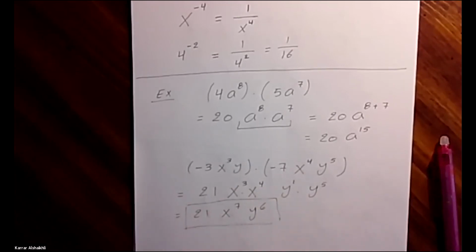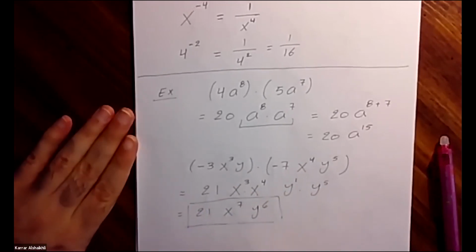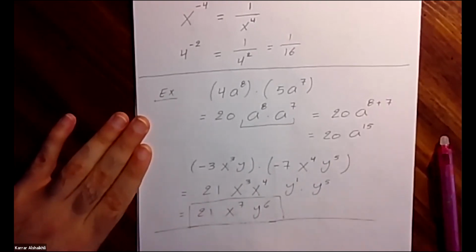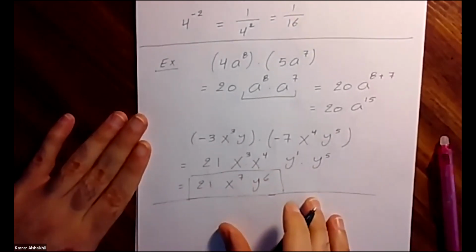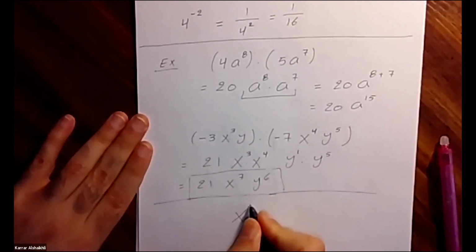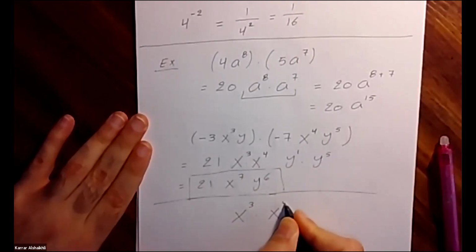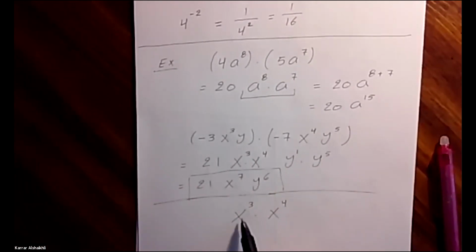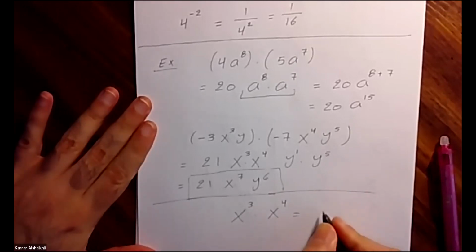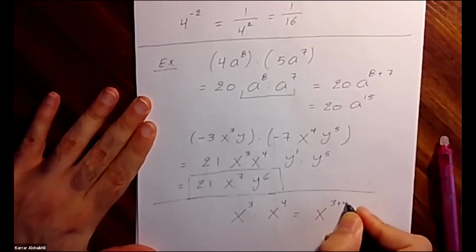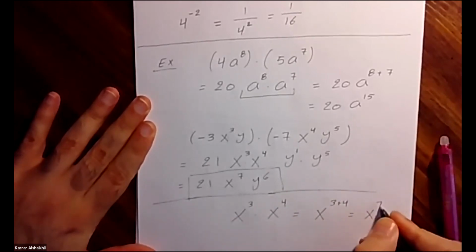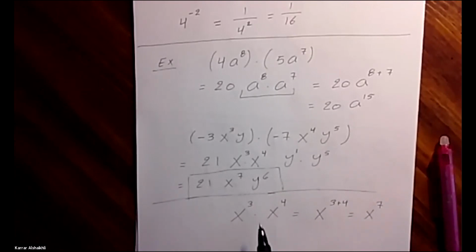Every time you see a number multiplied by another number with the same base and different exponents, like x to the power 3 times x to the power 4, it's going to be x to the power 3 plus 4, then x to the power 7. This is exactly like rule number 1. You're going to add the exponents when it's multiplication. You're going to subtract the exponents when it's division. Okay?